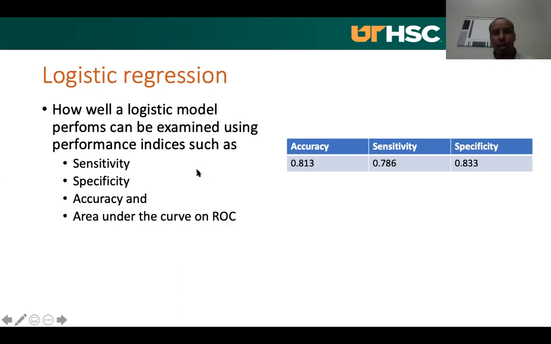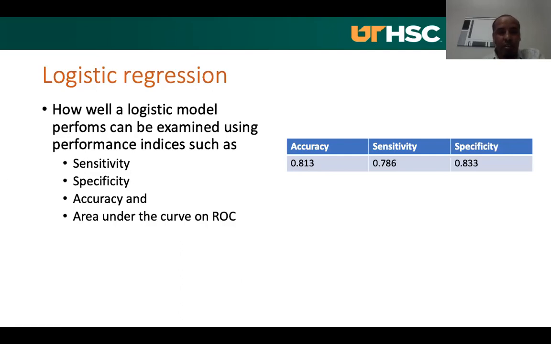Whether our model can properly classify a person based on the predictor variables into the exact outcome using a cutoff on the probability that we mentioned earlier, the model performance can be high or low. So the sensitivity and the specificity are also based on that.